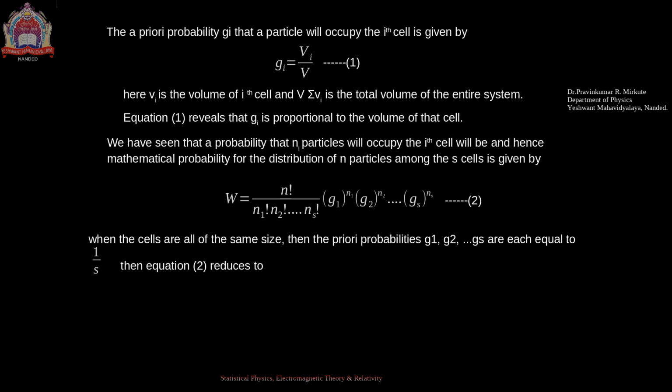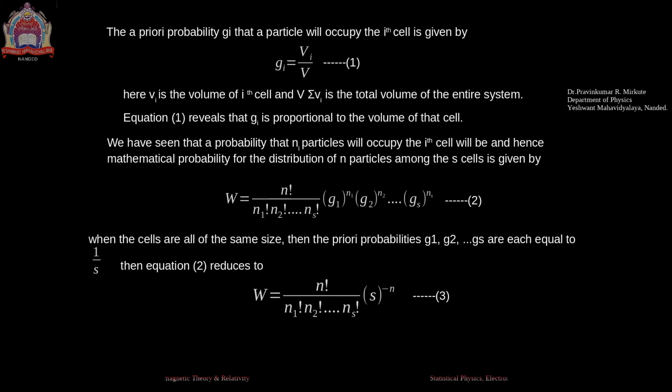When the cells are all of the same size, then the a priori probabilities g1, g2 up to gS are each equal to 1 by S. Then equation 2 reduces to W is equal to N factorial divided by N1 factorial, N2 factorial up to NS factorial, into S raised to minus N. Equation number 3.